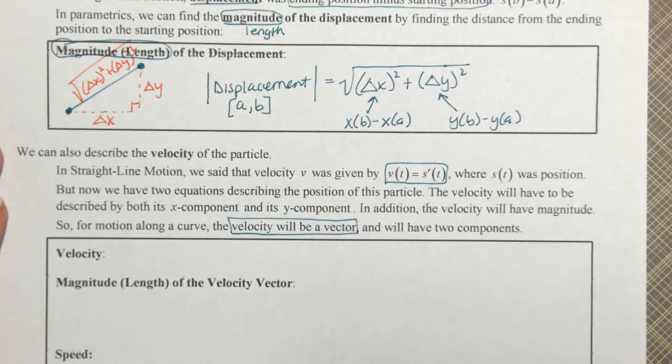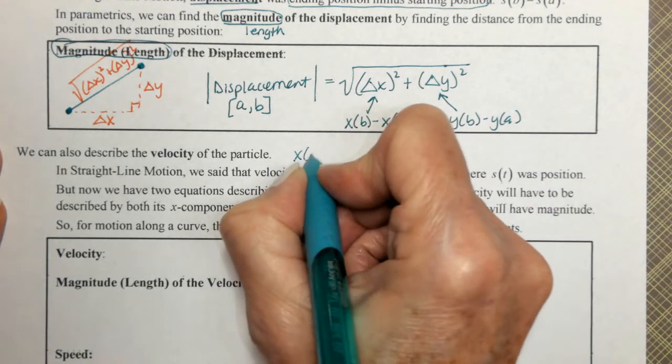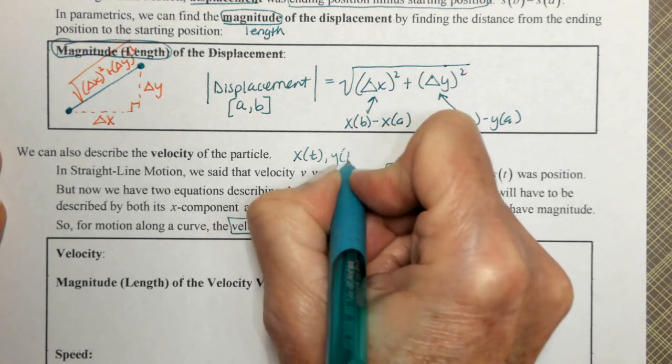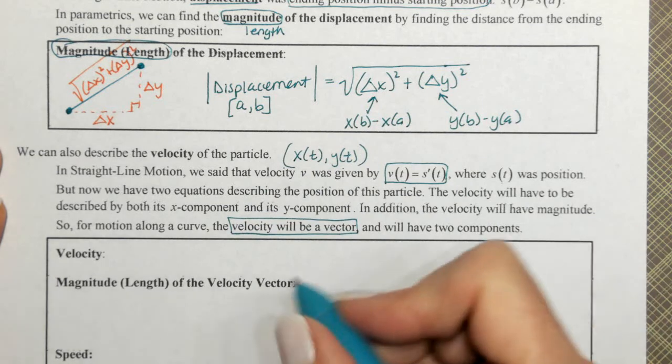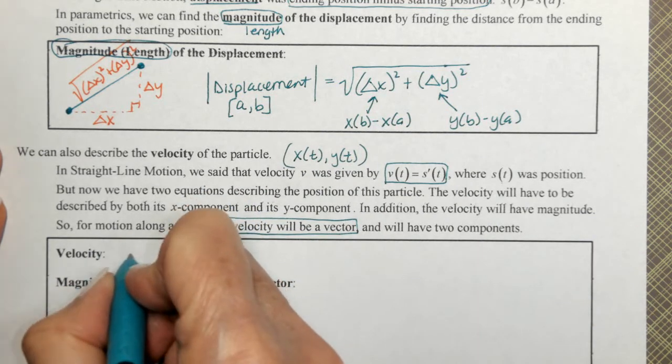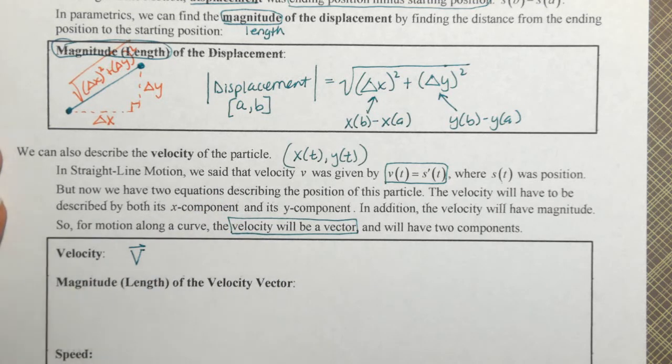What are its two components? Well, if our curve is described by x of t, y of t, for velocity, the velocity vector, and you'll see that I always use this notation, this is vector notation. It means that this variable is a vector.